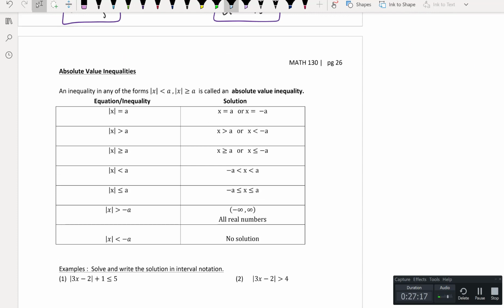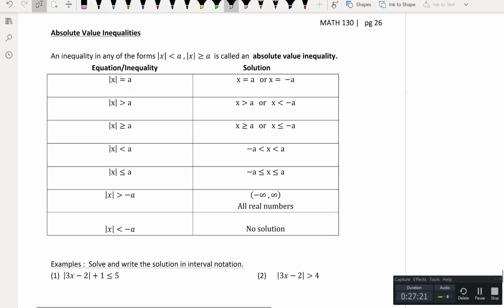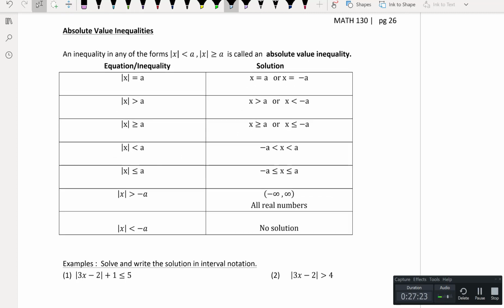Okay, now this is where the fun really begins. So now we go from just equations. So this was in the last section, so last page. Hey, remember what I said like 10 seconds ago? So that was with the equal sign. So that's a huge difference here.